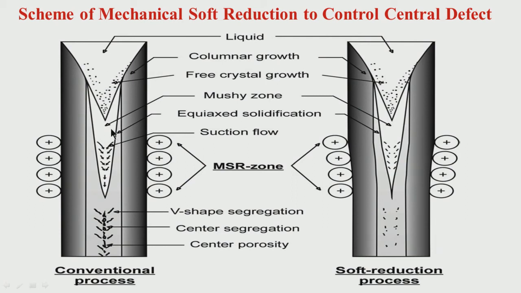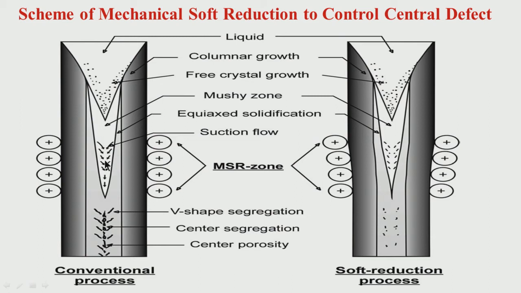But anyway, here you see after columnar some amount of equiaxed solidification is there towards the central area, and this area is the mushy zone. So final solidification will be taking place in this area where you have some mushy zone.